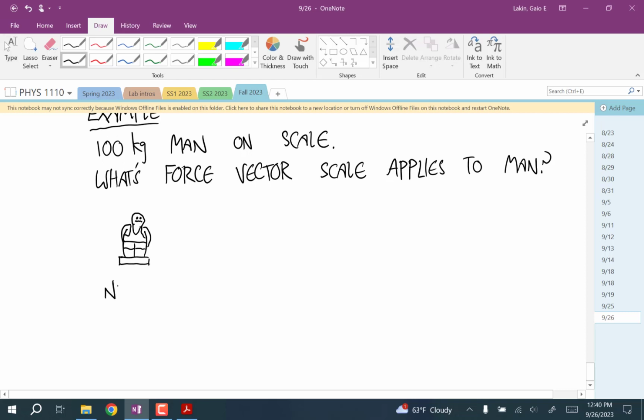So Newton's second law for this says there are two forces now acting, right? There's the force of gravity, and there's the force applied by the scale.